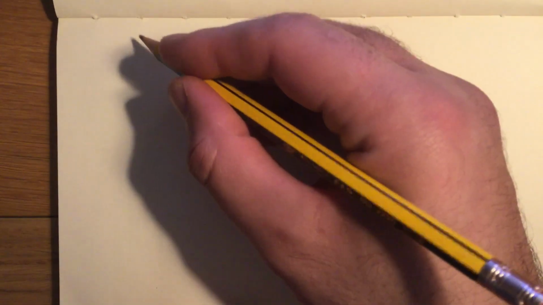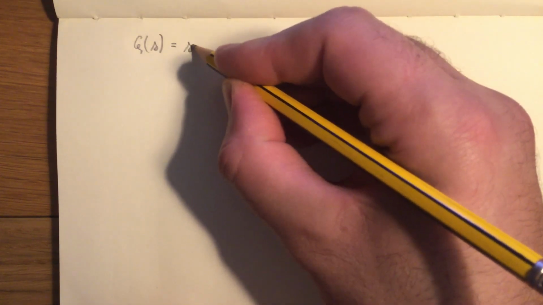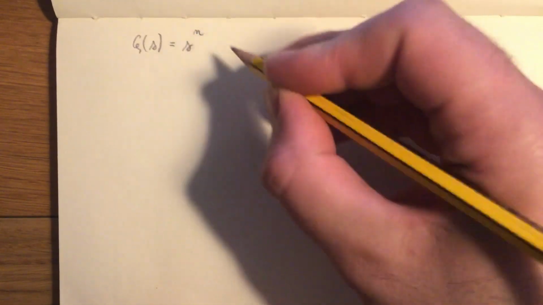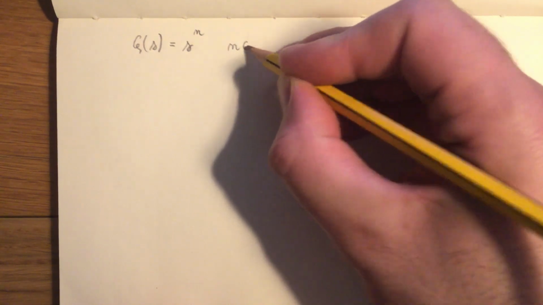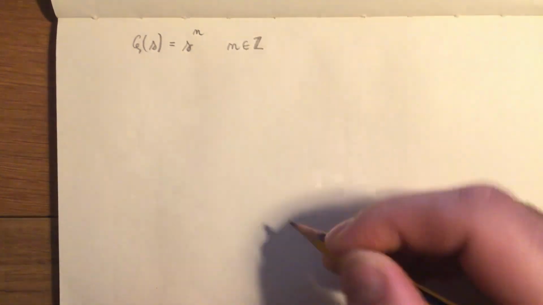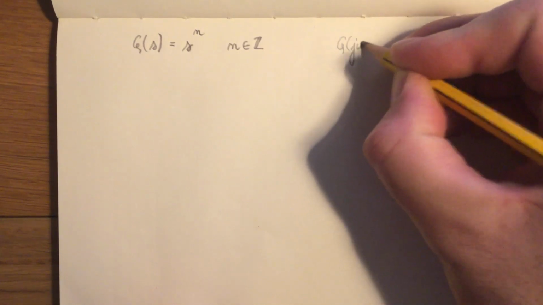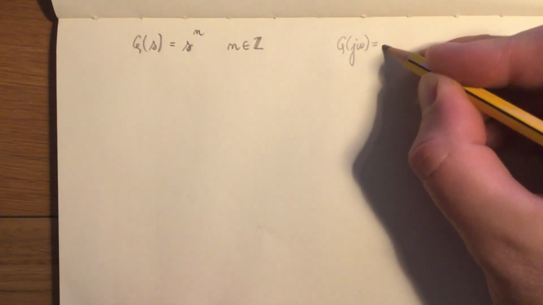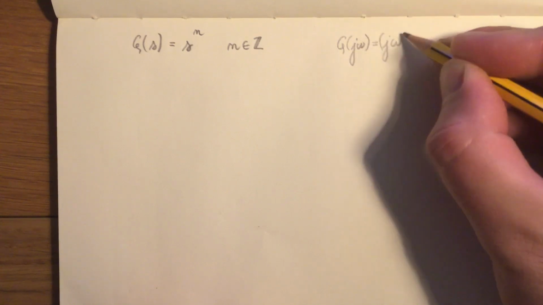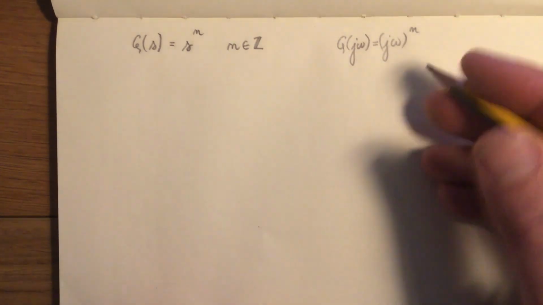You know by now that given a transfer function G(s) equal to s raised to some power n, which is an integer, its frequency response is given by (jω)^n.